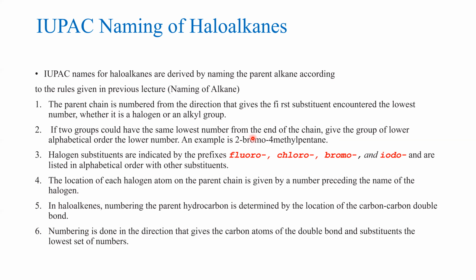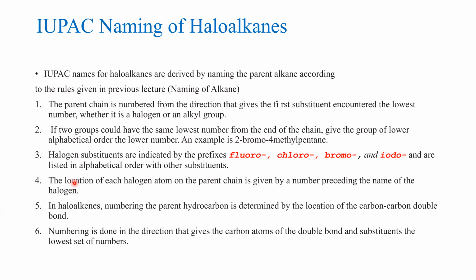As an example, 2-bromo-4-methylpentane. B stands first and it has the lower alphabetical order, because A, B, and then we come to the M. So we write the methyl after the bromo one, because we have to arrange them in alphabetical order.